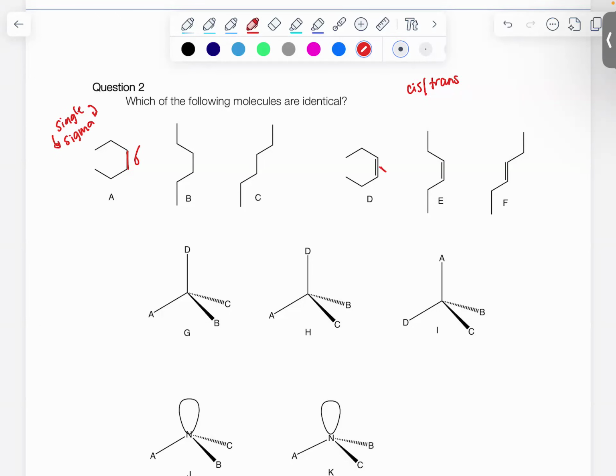When we have a double bond, we still have that sigma bond, but we now also have a pi bond. And this pi bond helps reinforce the connection between these two atoms. And now, because of that reinforcement, we can no longer spin freely around this bond. With these single bonds, we can spin freely. And so all of that free spinning means that A, B, and C are all identical.